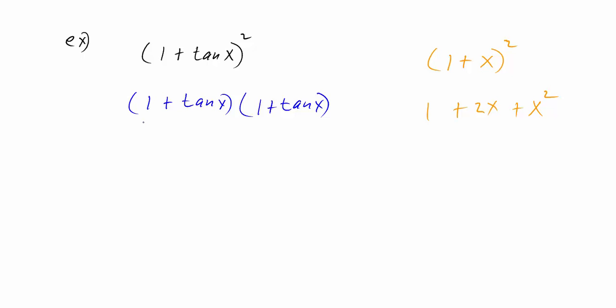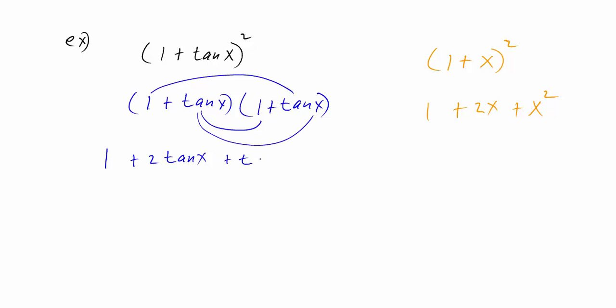So here then we would get 1 times 1, which is 1. And then if we multiply here, we get a tangent x, and then we get another tangent x. So 1 tangent x plus 1 tangent x would be 2 tangent x. And then tangent times tangent would be a positive tangent squared x.